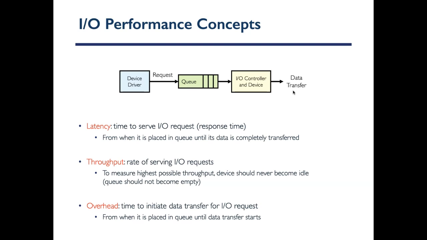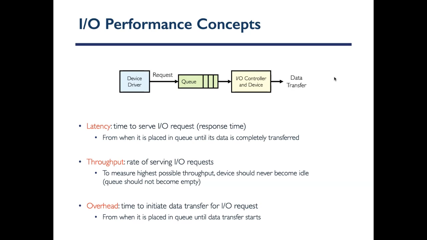Now the throughput is basically the rate of servicing I/O requests. If we want to measure the highest possible throughput, this point is a little bit important. Pay attention to this one.